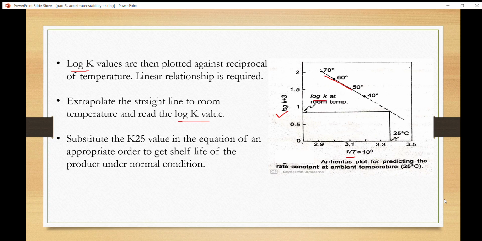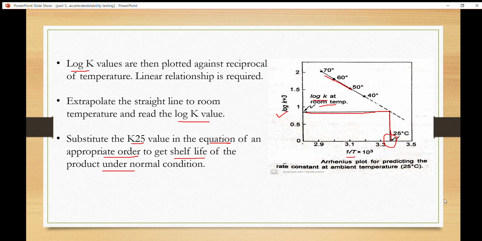This is the log K value at room temperature. Then substitute K25, that is the K value at room temperature, in the equation of appropriate order, that is first order, zero order, second order, etc., to get the shelf life of a product under normal condition.